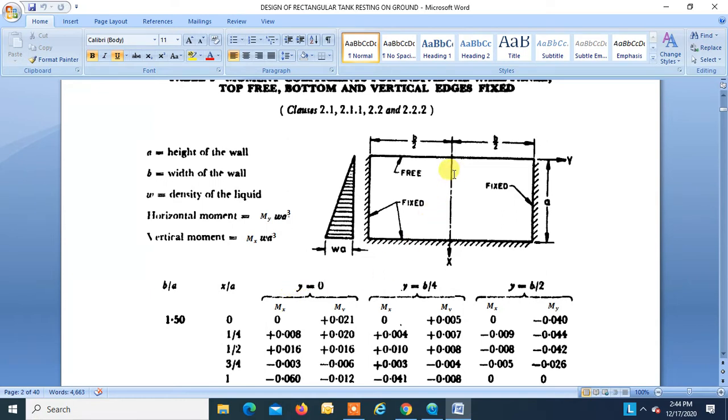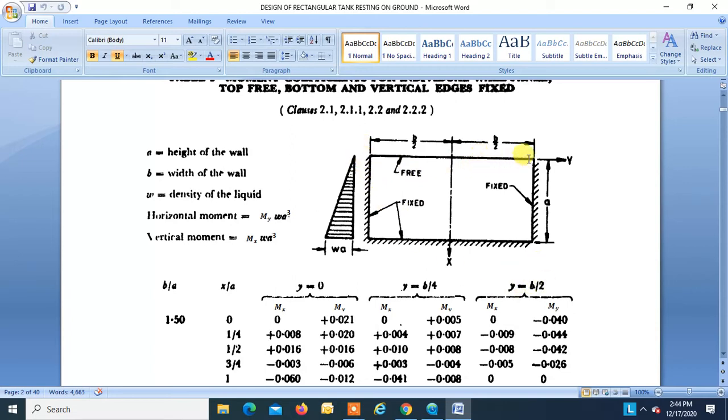Now this is the origin. That means the center of the wall is taken as the origin, right? So y is equal to 0 means this point, y is equal to b by 4 means the mid span of this, it will be somewhere here, and y is equal to b by 2 will be over here.